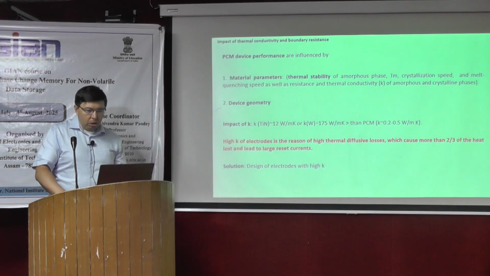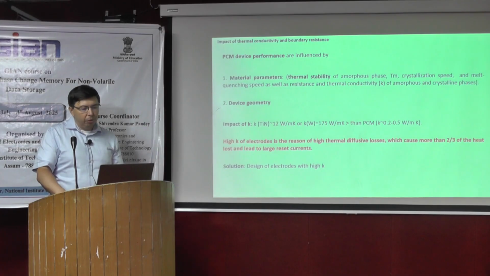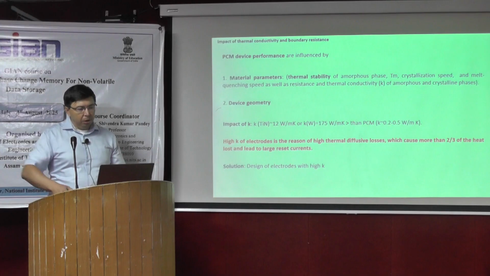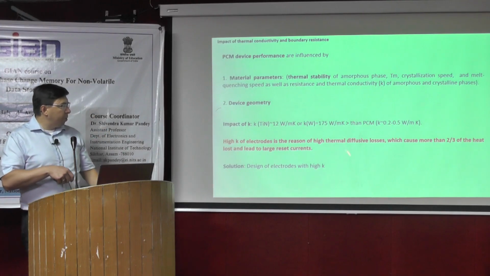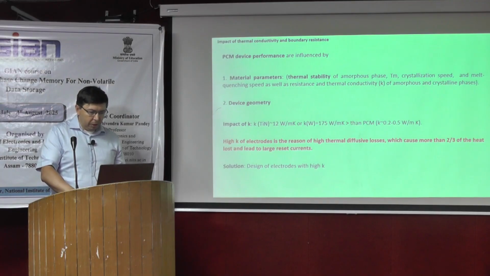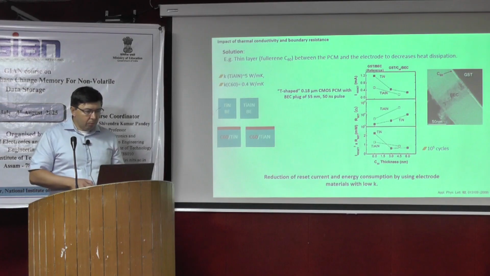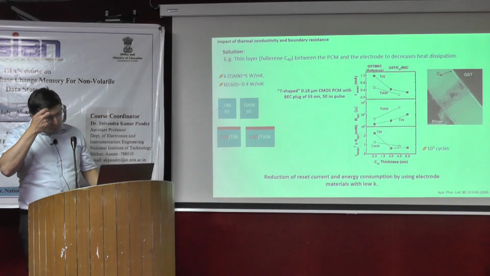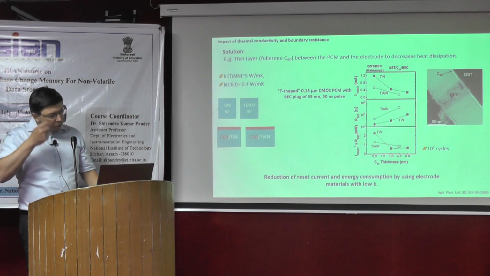So now let us look: can we improve our electrodes and maybe reduce the thermal conductivity K to improve the reset process? One solution was proposed to use a combined target.